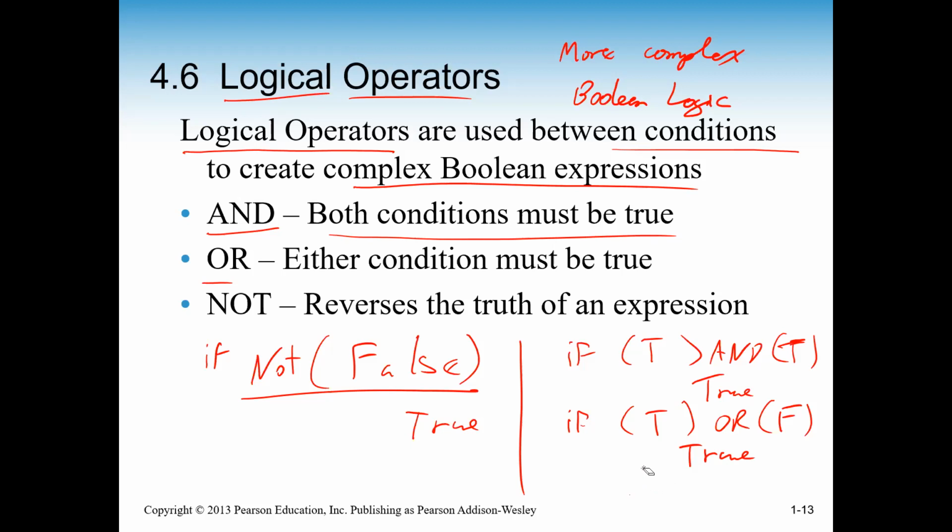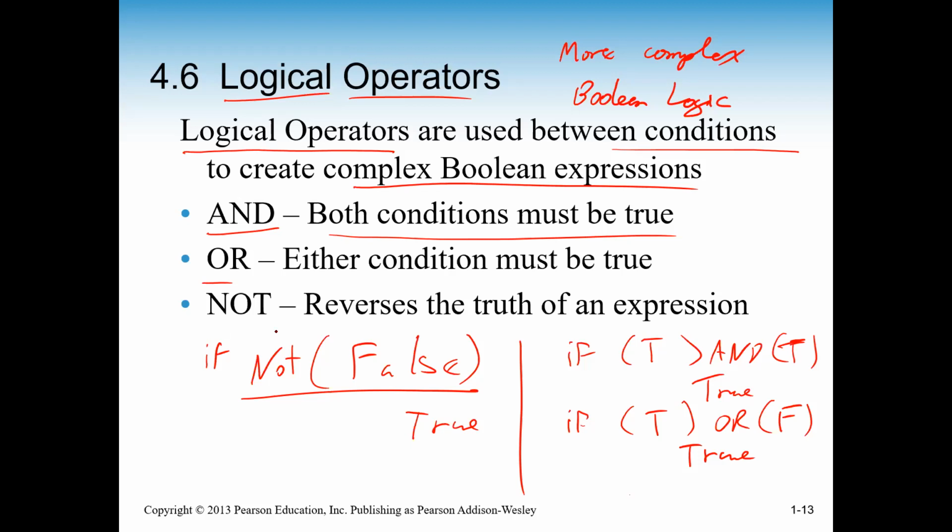Whereas the previous one, let's say, is if it's snowing and I have boots. If both things are true, then true. But if it's snowing and I have boots is false, then you don't go out.